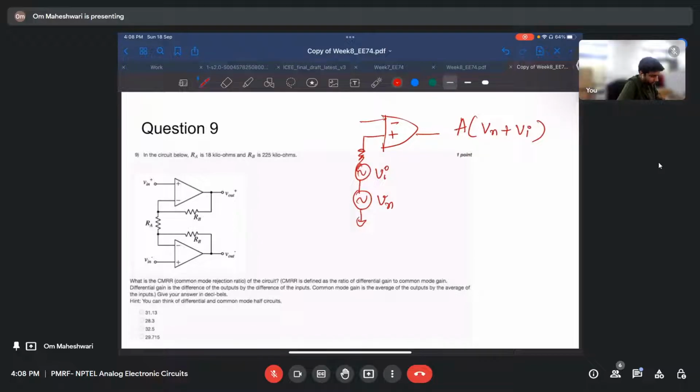But you see, this circuit is called an instrumentation amplifier. What it does is, if there is noise at both these terminals, it tries to negate that, and that is why the common-mode gain ACM was low. It was just 1, and CMRR was very high.